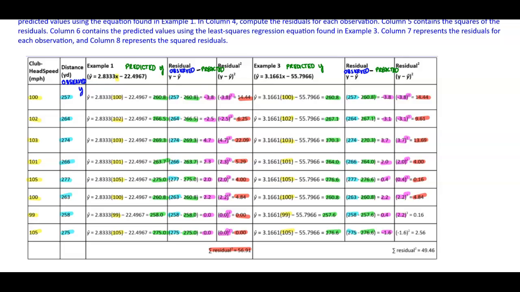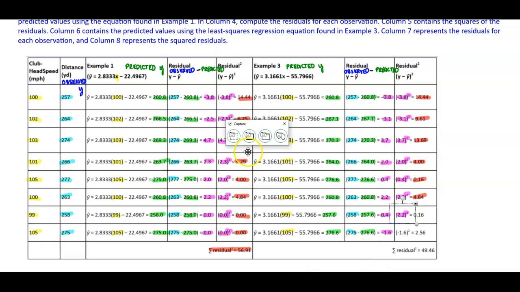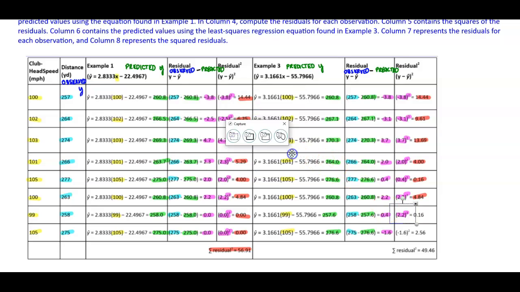And then the next residual squared is going to give us a value of, that should be 0.4. So let me make sure to change that there. That should be 0.4. I want to make sure that I change that value so you can see that.